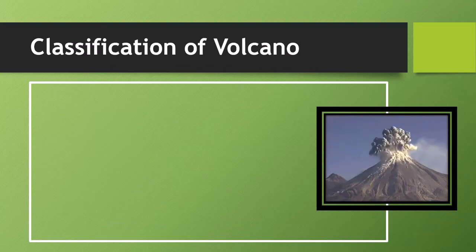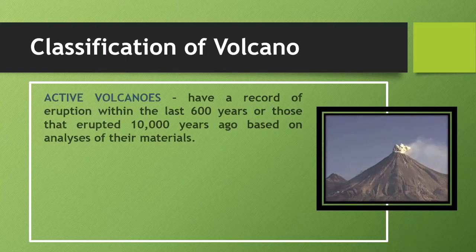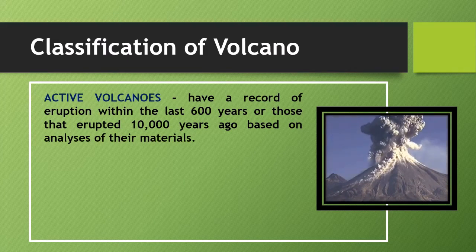Now, we can classify volcanoes depending on their rate of eruption. The first classification is what we know as the active volcanoes. They have a record of eruption within the last 600 years or those that erupted 10,000 years ago based on the analysis of their materials.